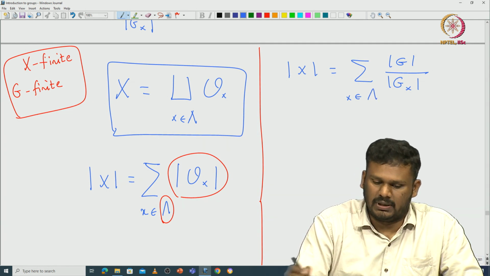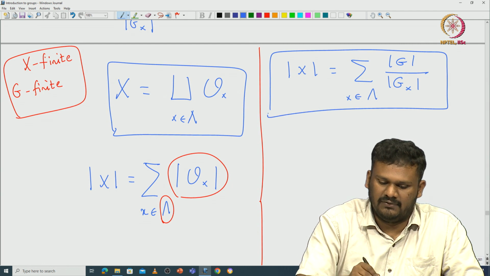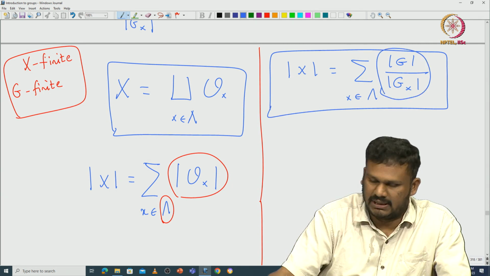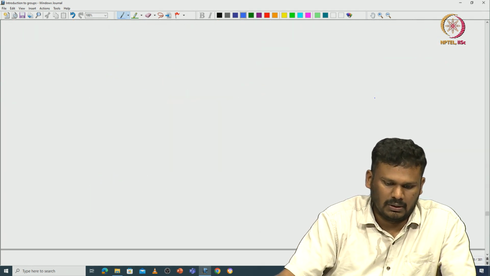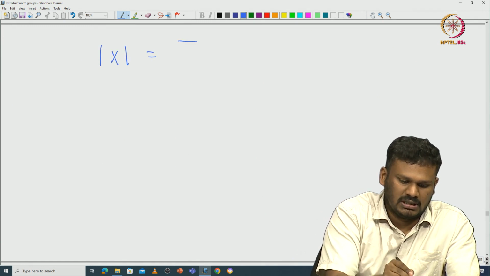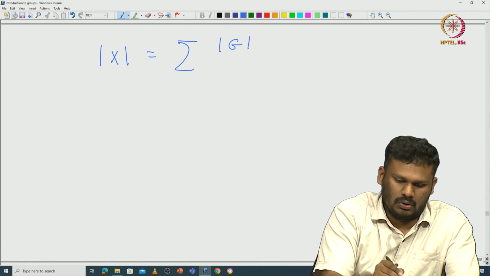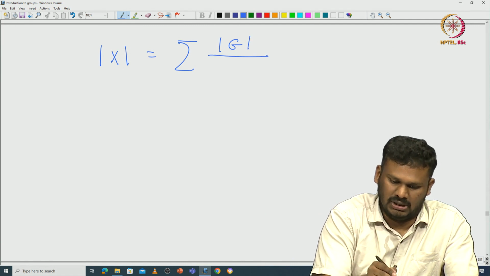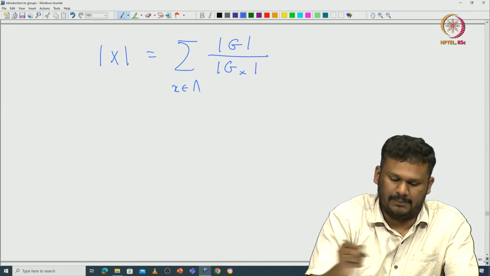But if you think about it, this summation can be divided into two parts. So, let us see how one can do this. What we have is the cardinality of X equal to the summation of the index of G_x in G, where x runs over this capital Lambda.